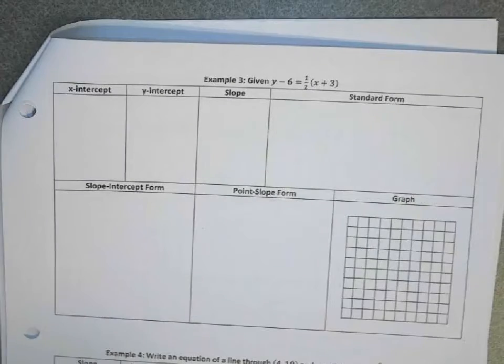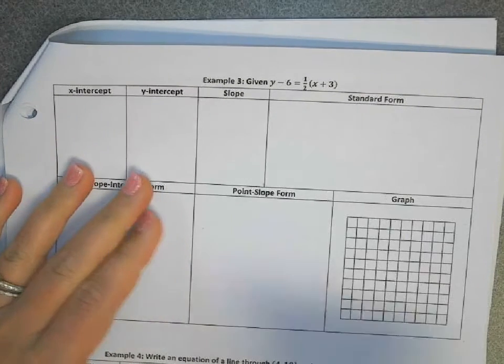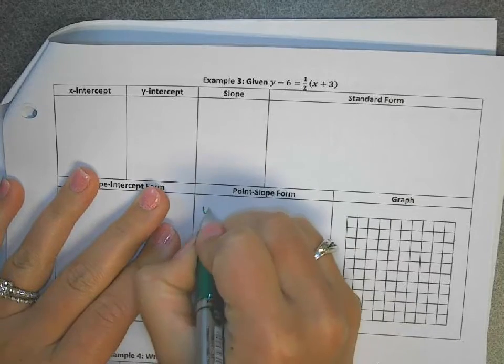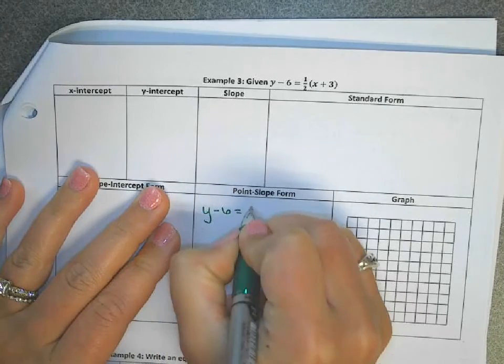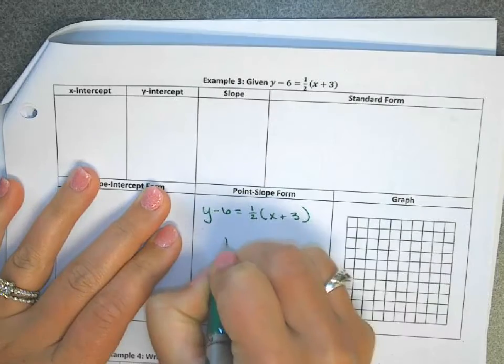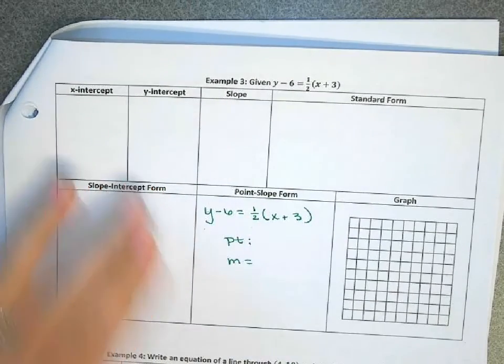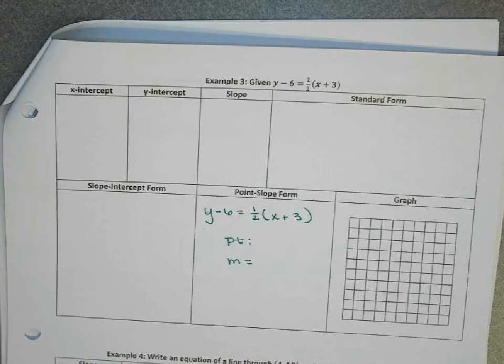What form did they give us in this example 3? Point slope form. So I'm just going to write it down here in point slope form. Maybe it might be easier if I write out what my point and my slope are, so I can actually maybe put this on a graph.